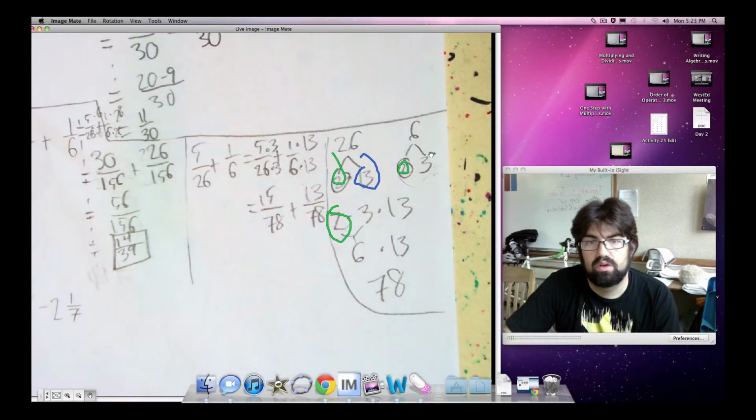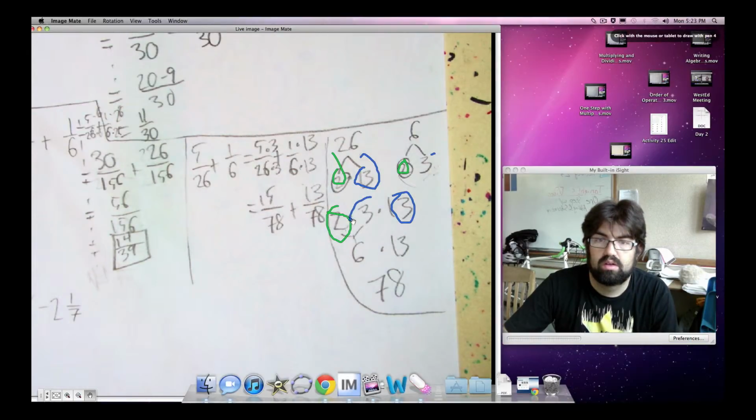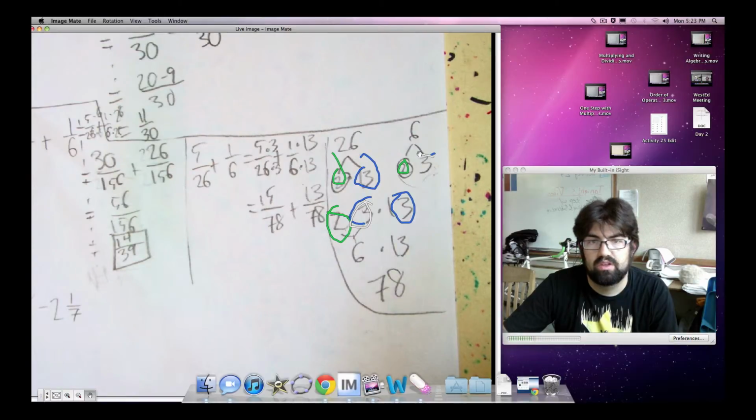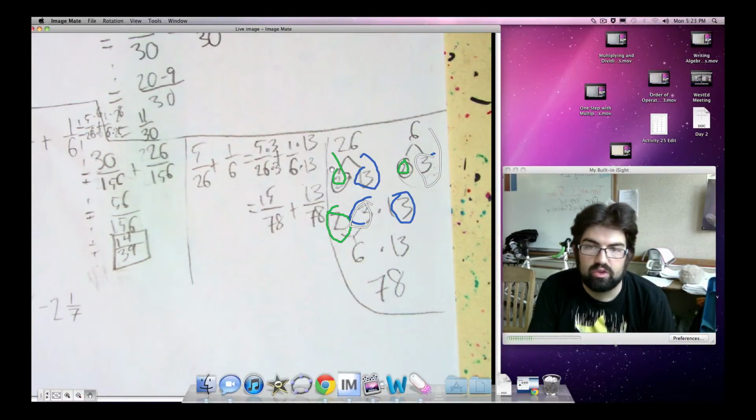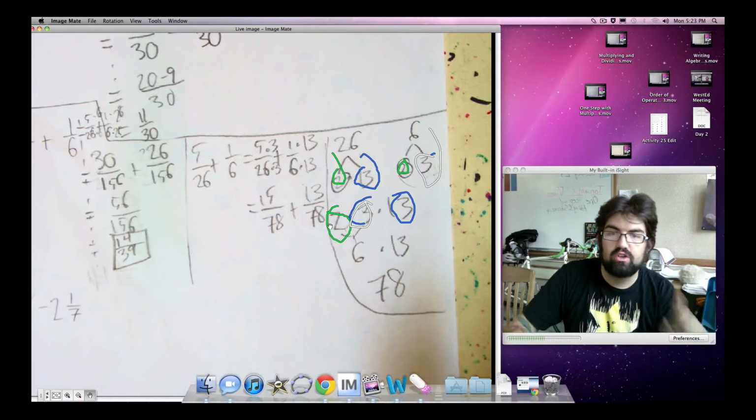I needed 13, so I only used it once. Then I needed 3. Come on. No. There we go. I needed a 3, so I only used it once also. But you notice I circled 2 with that green? That's because it was used twice. I only need to use it one time.